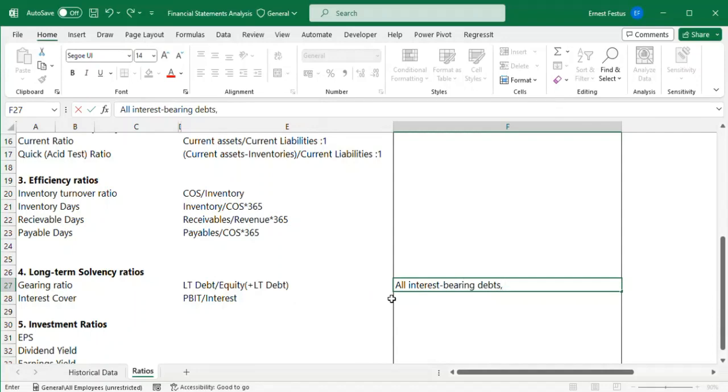Also looking at preference shares, and long term debt includes borrowings.